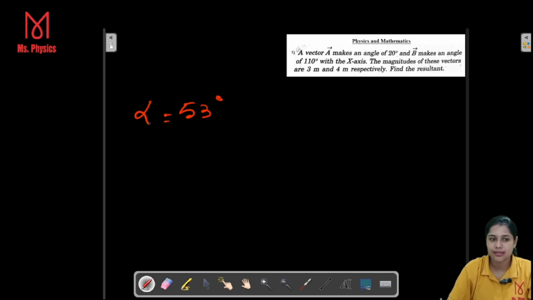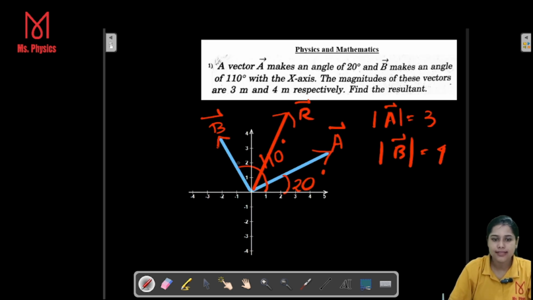But this is not the answer, because this alpha is the angle which R makes with A. But we have to find the angle which R makes with the x-axis. So if this is your alpha and this is your 20 degrees, then the whole angle would be very simply alpha plus 20 degrees.